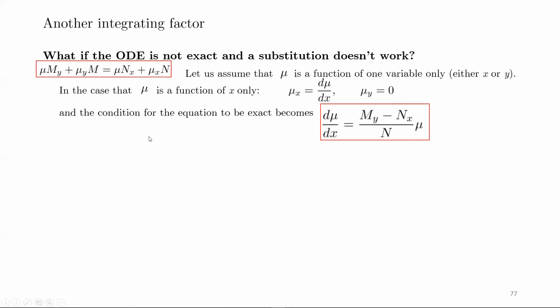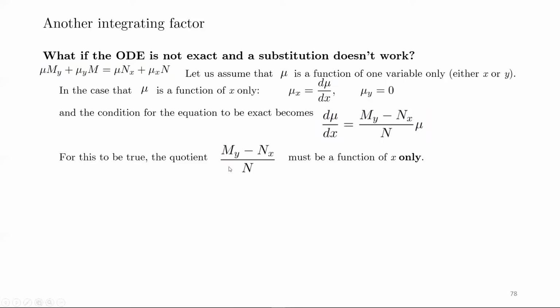Okay, for this to be true, for both sides of these equations to be equal, I'm going to claim that this fraction that we see here, m sub y minus n sub x over n, must be a function of x only. And that's true because I said here that mu is a function of x only.